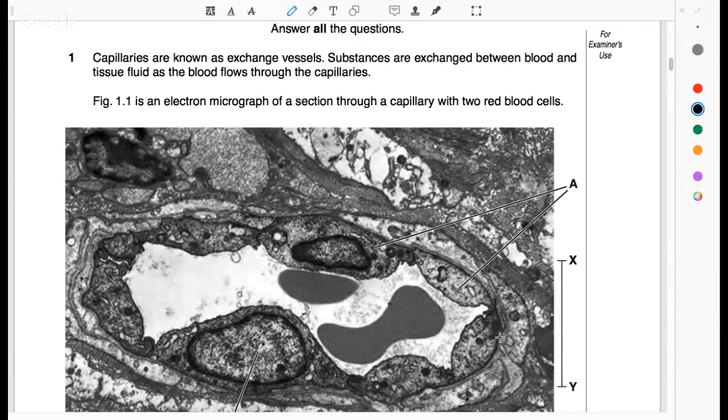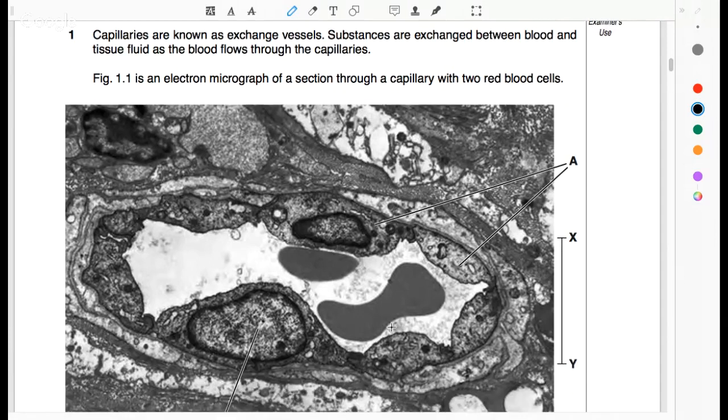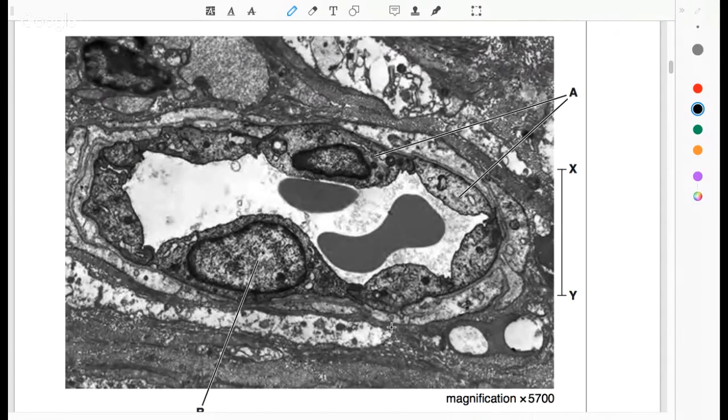Yes, it goes around irrespective of the cells, and you can usually always see it with electron microscopy. Those are the main components: endothelial cell, basement membrane, lumen, red blood cells. You might be given this without any context and be asked to identify it. If you can see that red blood cell, then you know it's a capillary. Otherwise, the structure would be way too small to be a vein or an artery. But anyway, good.